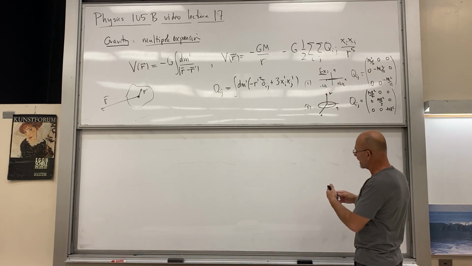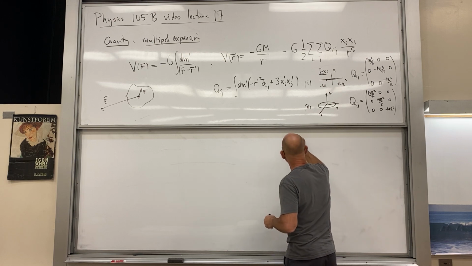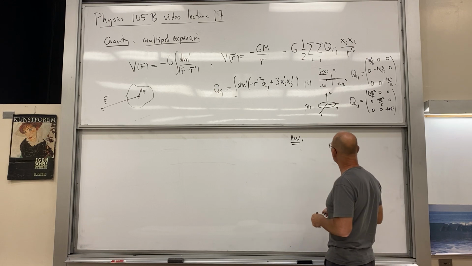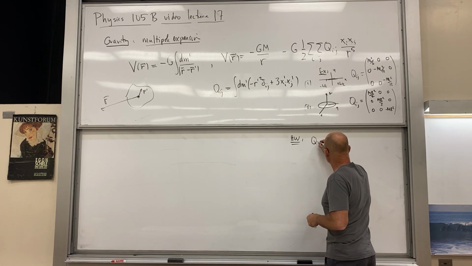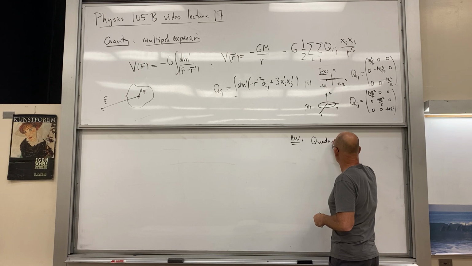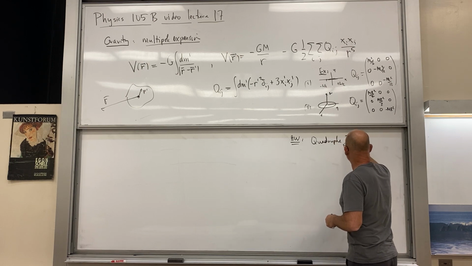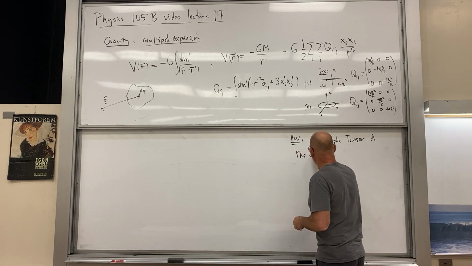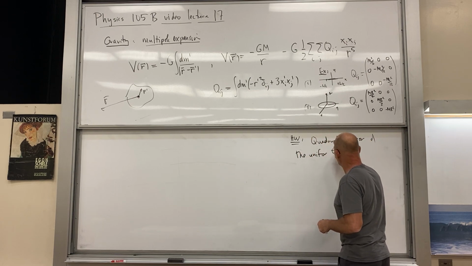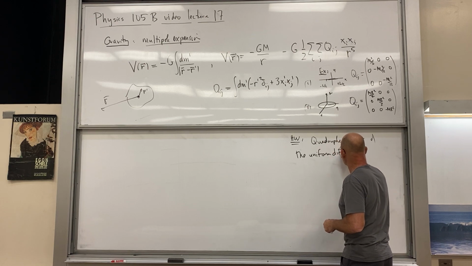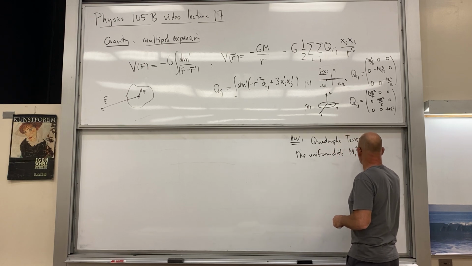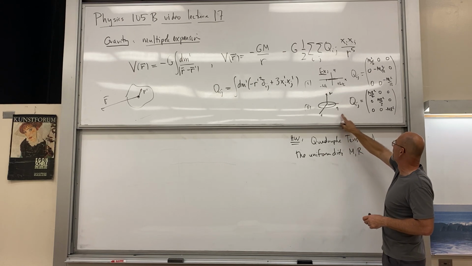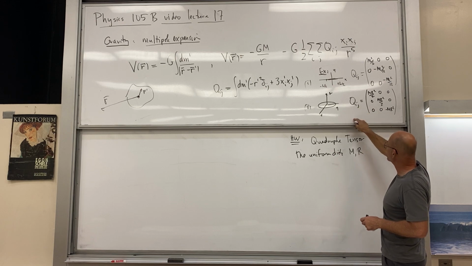And the next thing, I'll just formulate homework. Not sure if I did this last time, so I'm just going to put it up here again. We want the quadrupole tensor of the uniform disk, I'll just say capital M radius R. And it's almost this, well, the result is very similar to this, up to a factor of 2, I believe.